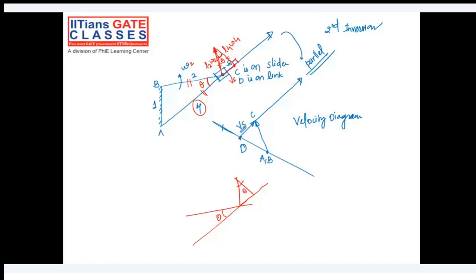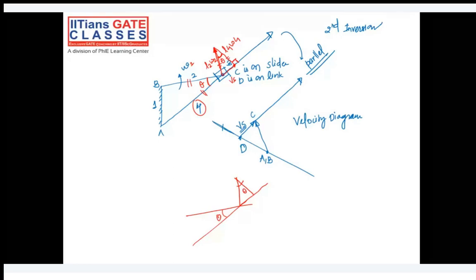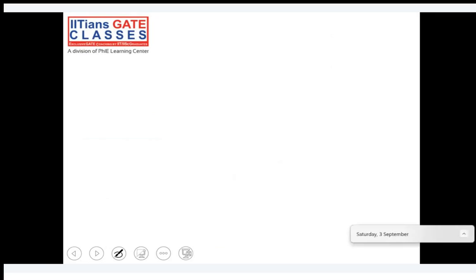Maybe I'll draw this figure once again to make it clear. Try to understand. I'll draw a bigger figure.